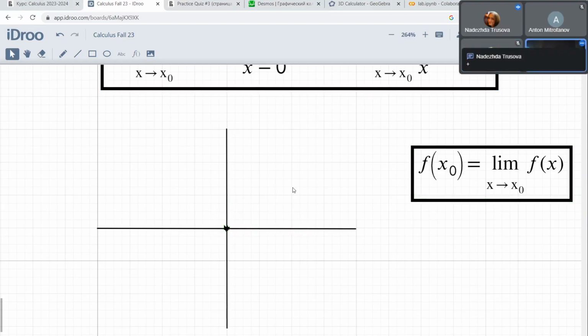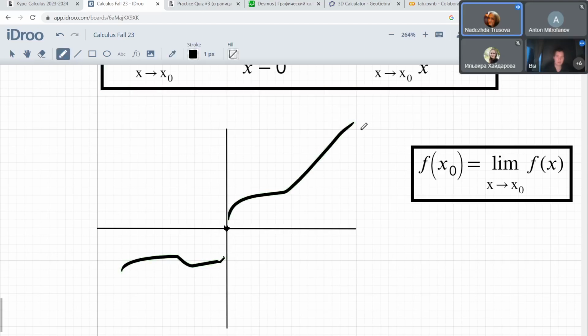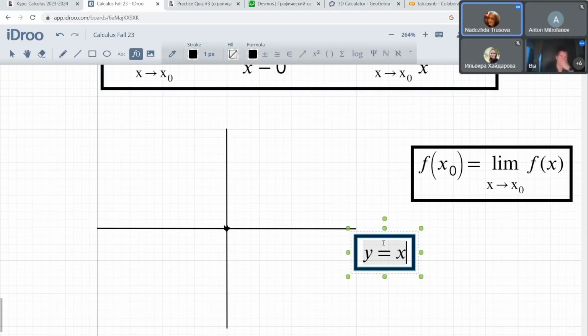So maybe we can write something like x equal to some value, and then another function below, like two parts of the function. Or y equal to some value at a point, like y equal to a constant, and then something that has no limit, for example. Like with a bracket, you have y equal to a constant for such a value of x, and for other values of x, you have another formula.